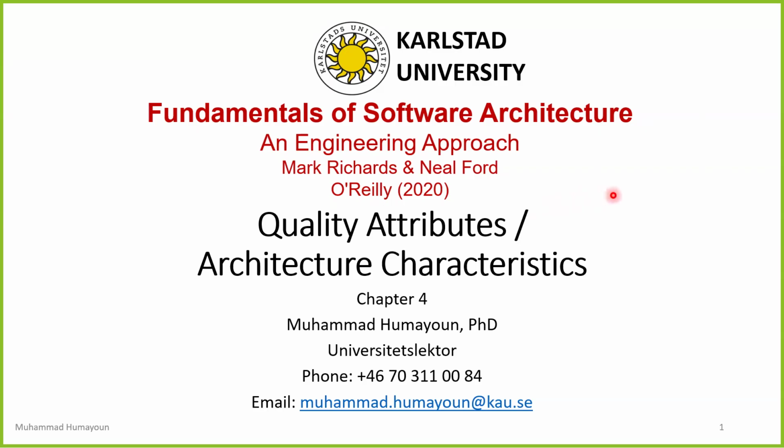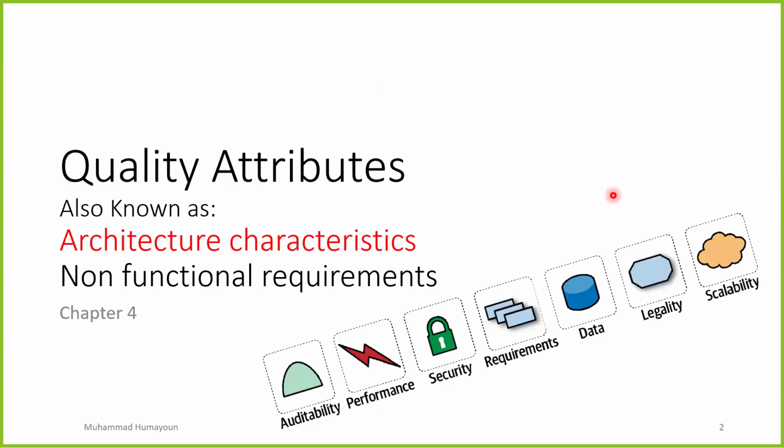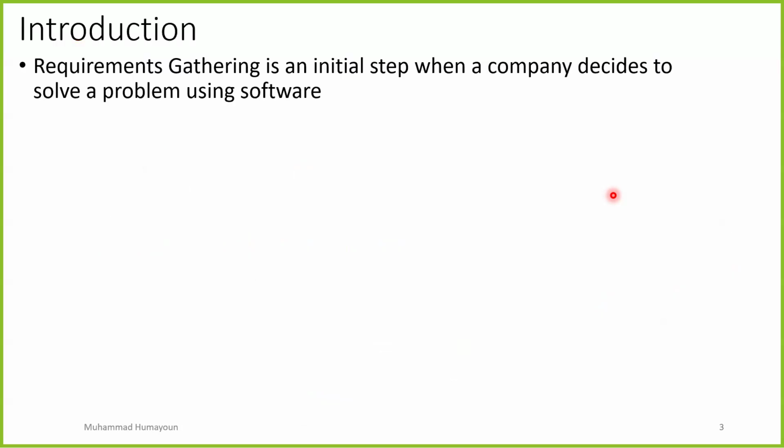Yeah. Great, great. So quality attributes, these are known as non-functional requirements, architectural characteristics, and include things like availability, performance, security, scalability, etc. So requirements gathering is an initial step when a company decides to solve a problem using software.